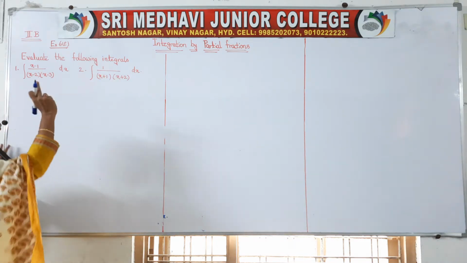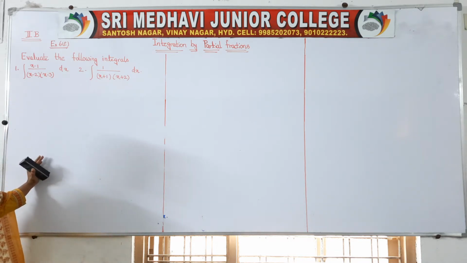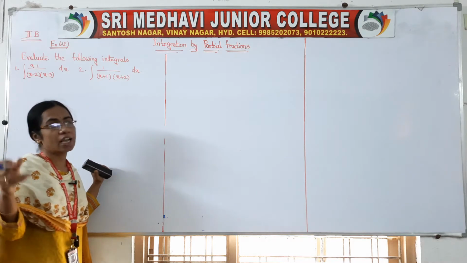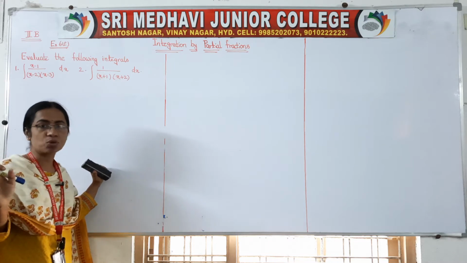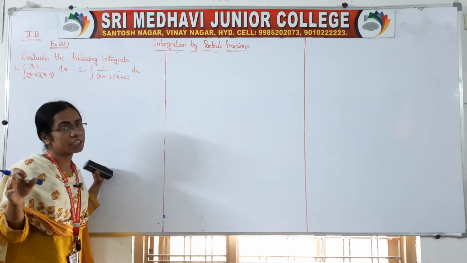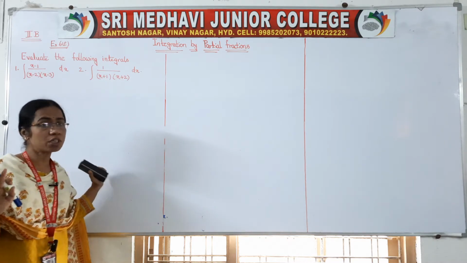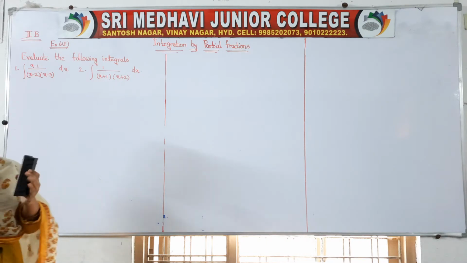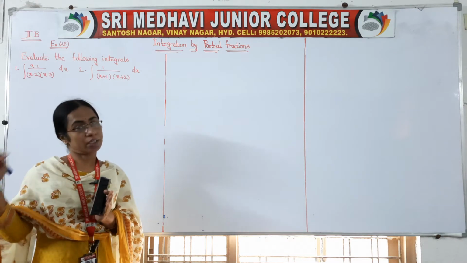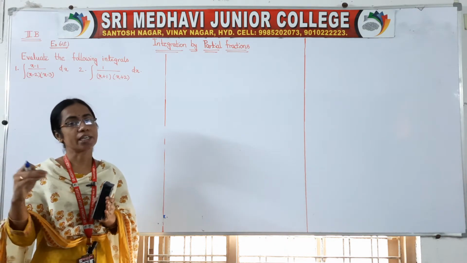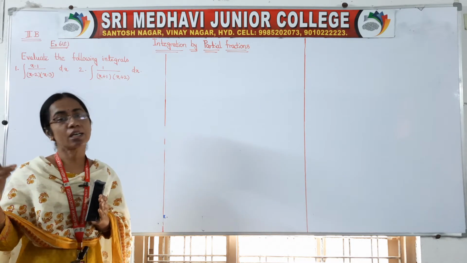Okay, so first see the first question, evaluate the following integrals. They won't mention, even in the previous class also, it is integration by parts I said, but in the question they don't mention do this problem by integration by parts, or by integration by partial fractions. We should realize by seeing the problem whether it can be solved by integration by parts or by integration by partial fractions.